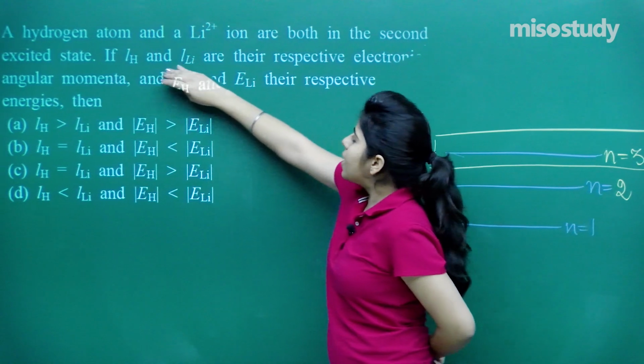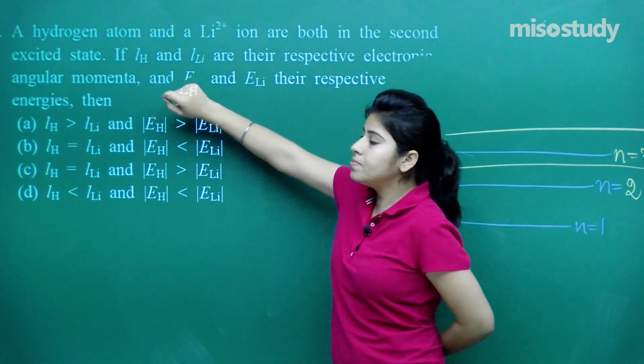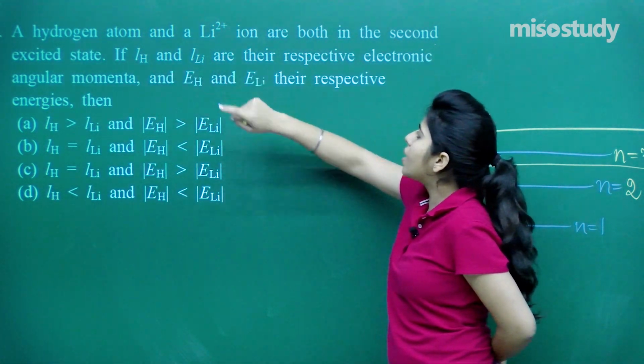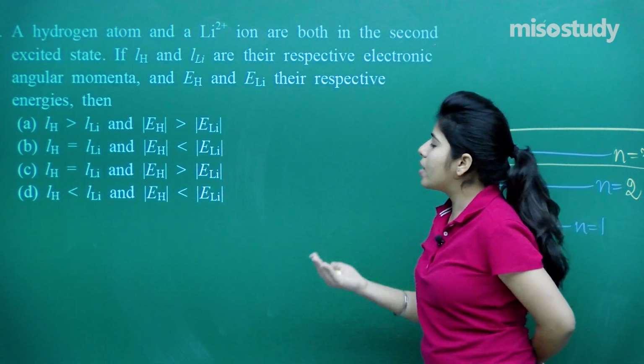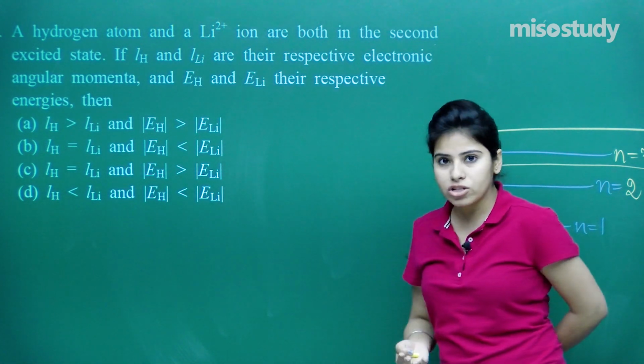Now L_H and L_Li, that means angular momentum has been given for hydrogen and lithium respectively, as electronic angular momenta, and E_H and E_Li are their respective energies.